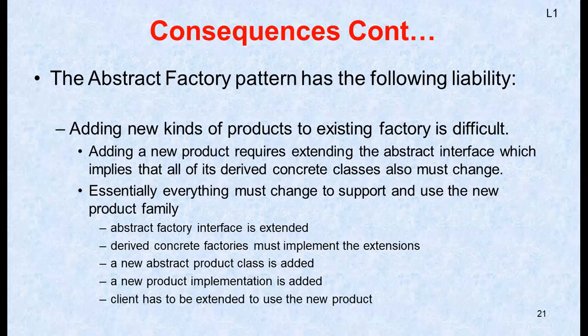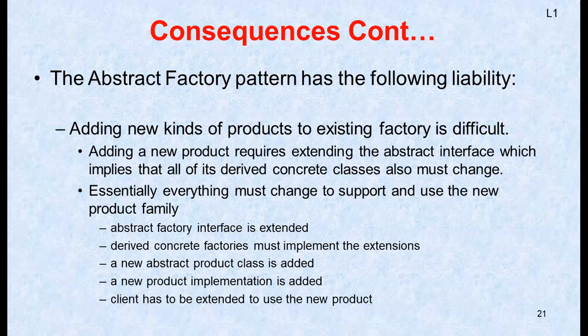So essentially everything must change to support and use the new product family. The abstract factory interface is extended, derived concrete factories must implement the extensions, and new abstract product classes will be added. New product implementations will be added, and the client has to be extended to use the new product.